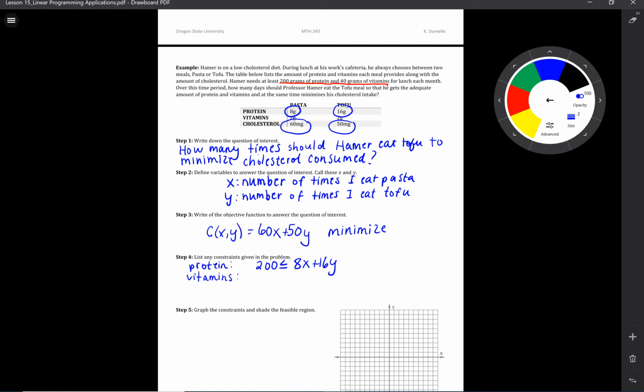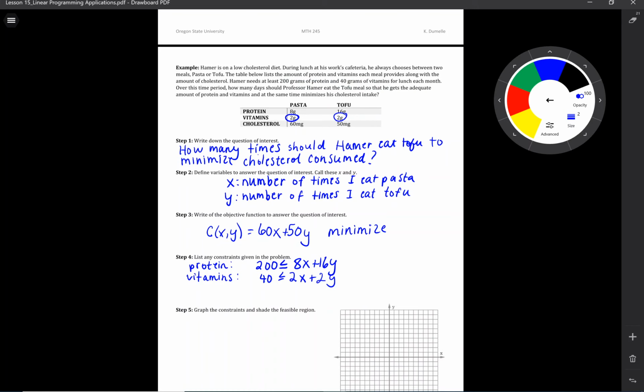For vitamins, I need at least 40 grams. And that will be the amount of times I eat pasta times 2, since that's how many vitamins are in the pasta, plus the amount of times I eat tofu times 2. And then I have one more constraint. I am trying to find this over each month.